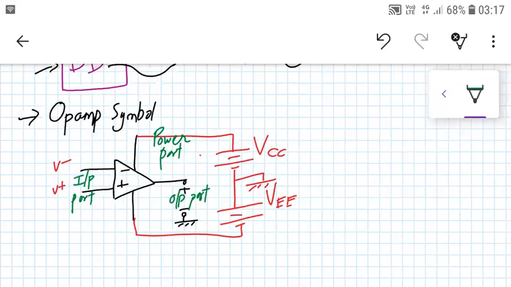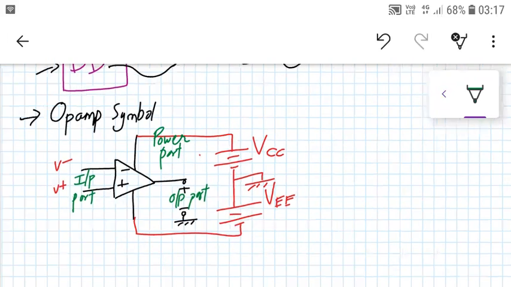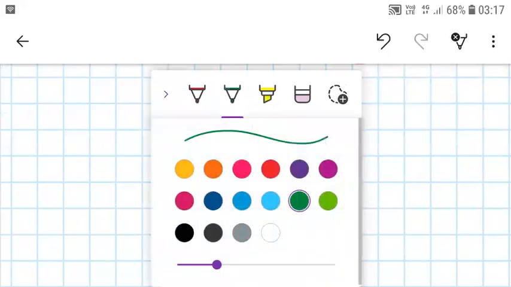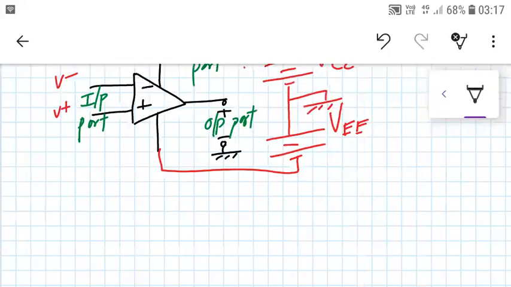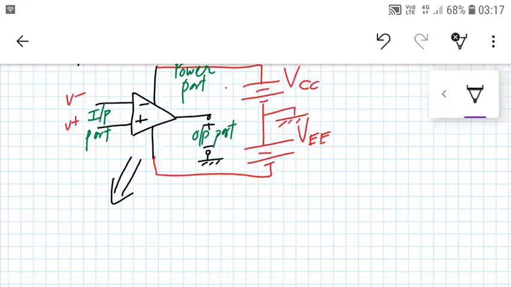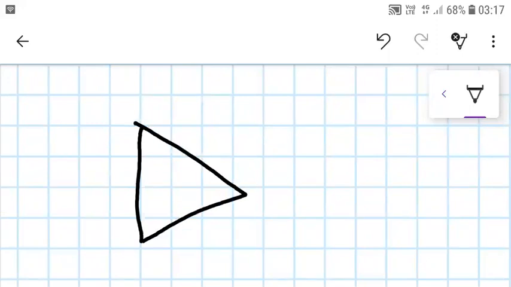We can make it even simpler and clearer, a more abstract representation of the symbol. So this can be drawn again as follows. Again you have this Opamp, plus minus, plus, we can call it, doesn't matter.